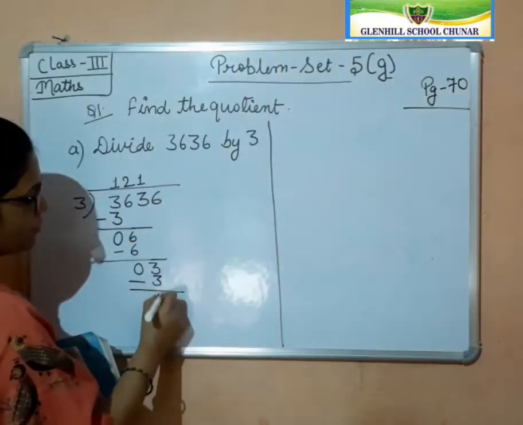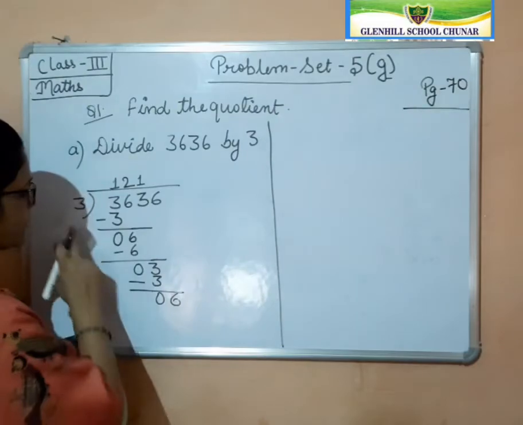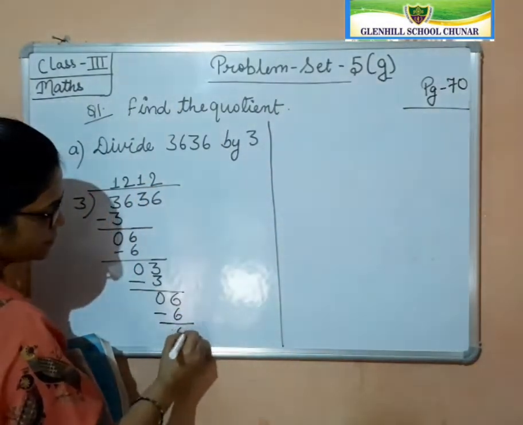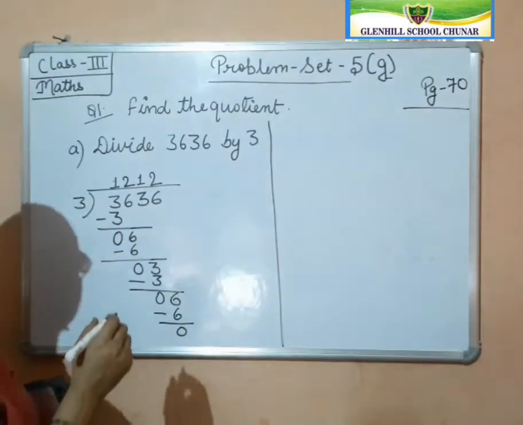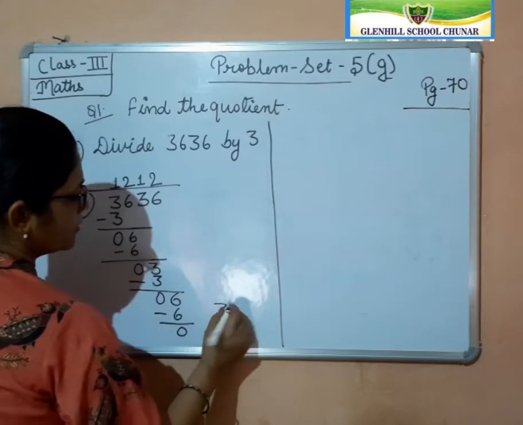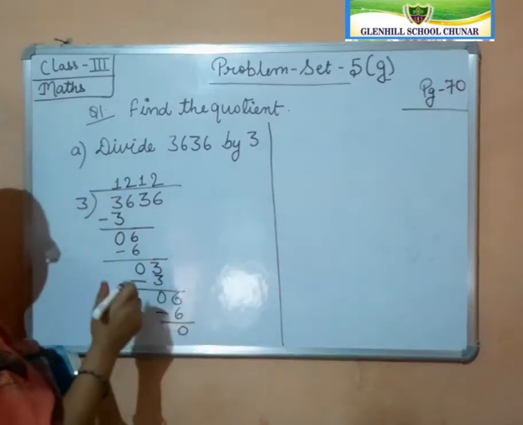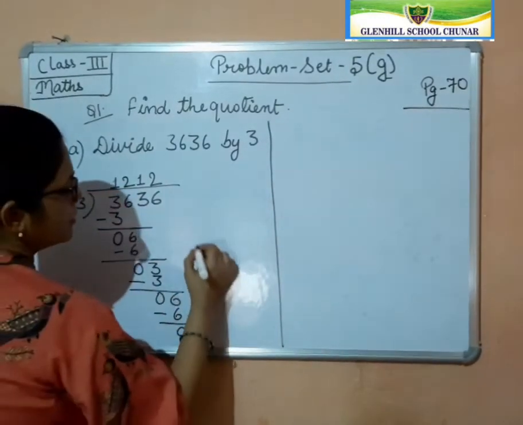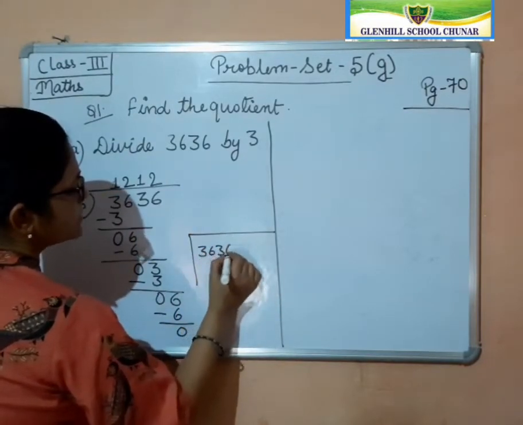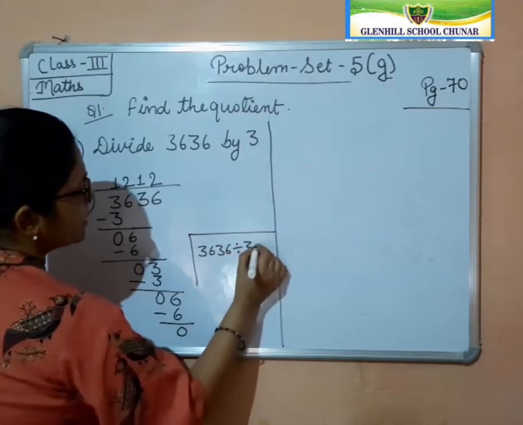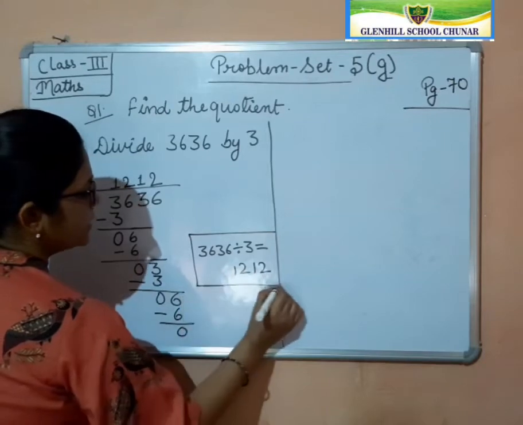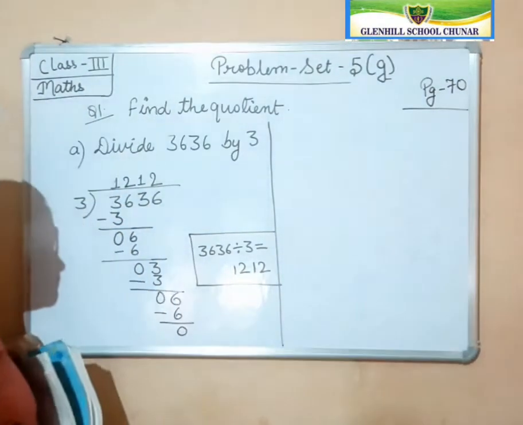Then again 0, 6 is left, so 6 I have written. 2 times, 0. Okay, so 3636 divided by 3 is equal to 1212. Okay students, this is your quotient.